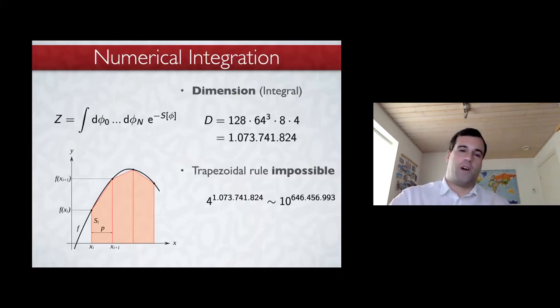If you remember from high school or early university studies, we can have a function like this with arbitrary behavior, and do numerical integration by putting, say, 4 points and estimating the area under the curve using trapezoids. But if you want to do that in 1 billion dimensions, then you have to compute 10 to the 600,000 points.